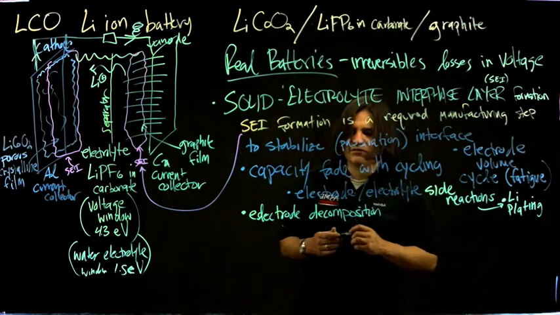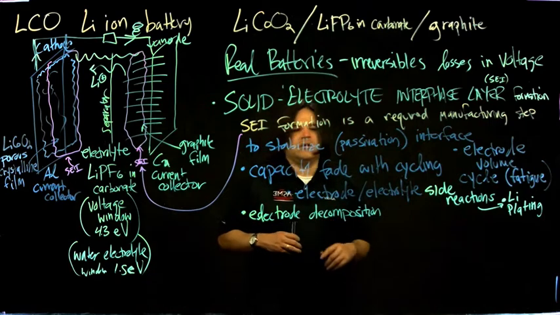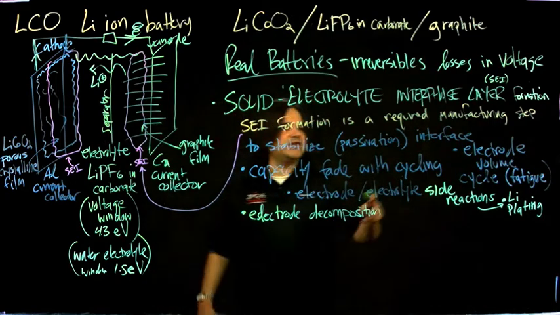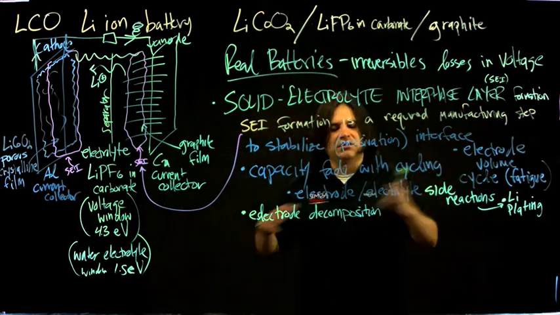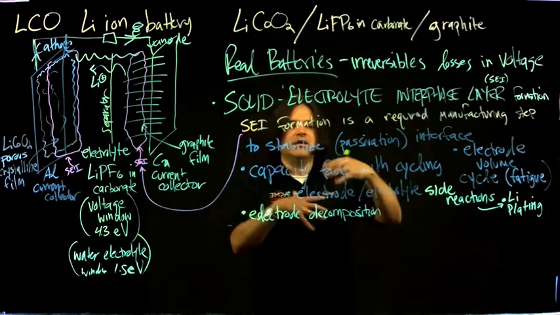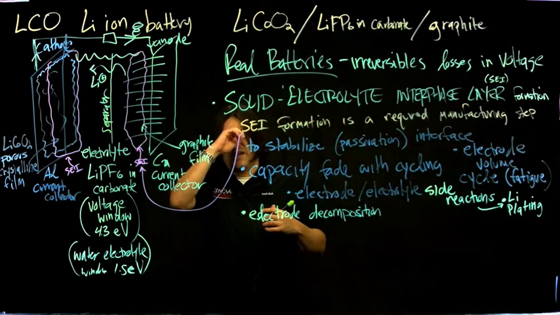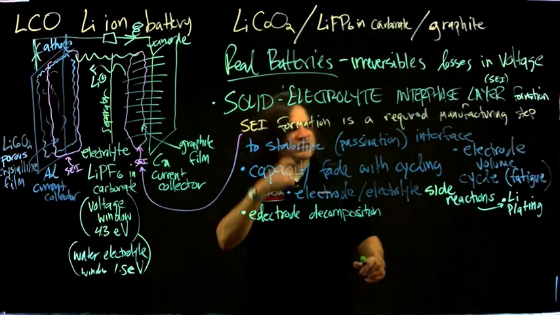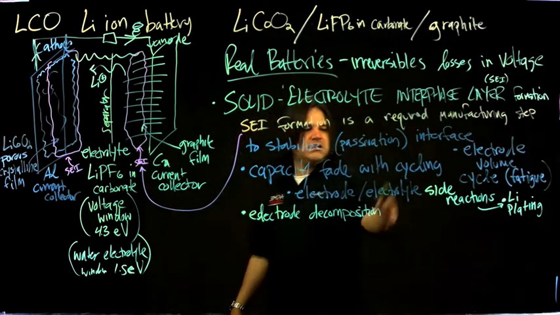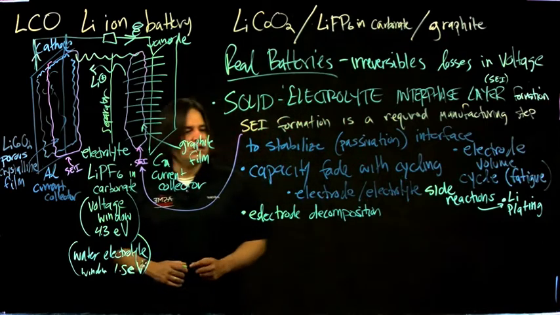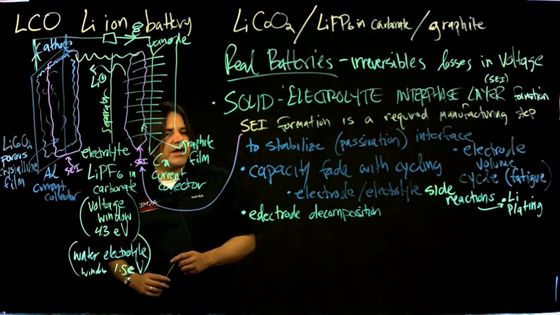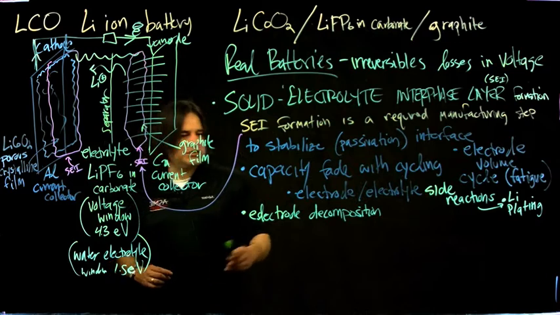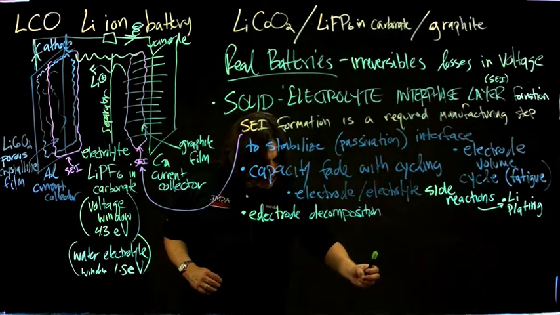The glue can just degrade over time, or a combination of this, not necessarily fatigue, but the swelling up and down just can ruin the structure a little bit. So there's many reasons why this can decompose. It can also just be from the high voltage. It just can cause some side reactions. So this is a general one, the electrode.